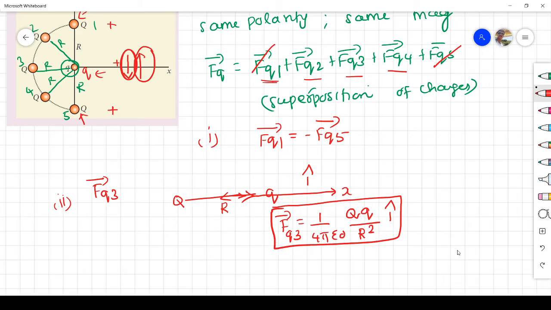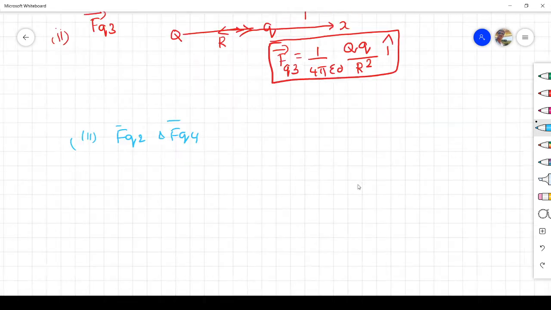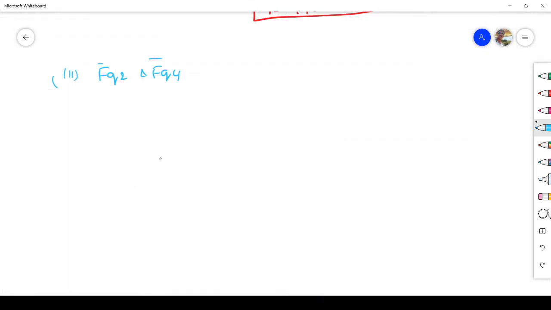Now we have to find F_Q2 and F_Q4, right? So I draw the diagram for simplicity. Case number 3, I have to find F_Q2 and F_Q4. Okay, you see here, this is somewhat critical, you have to watch carefully.